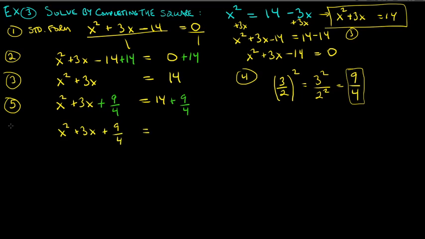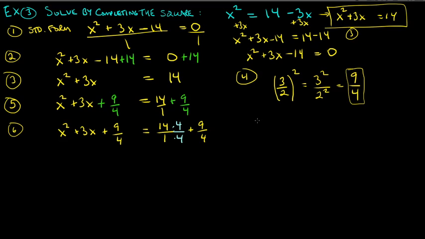So what do we do in step 6? In step 6, we simplify the right side. This is 14 over 1. I think we need a common denominator here, which I hope you recognize is 4. So for the first fraction, we need to multiply the denominator by 4, and that means we have to multiply the numerator by 4 as well.